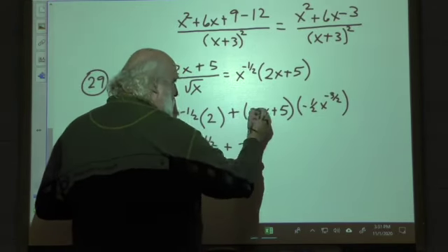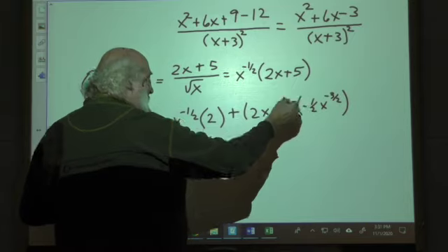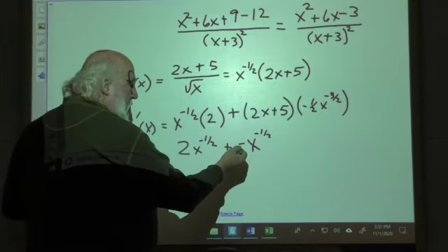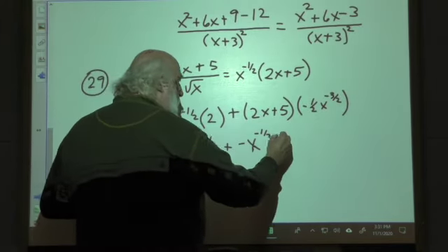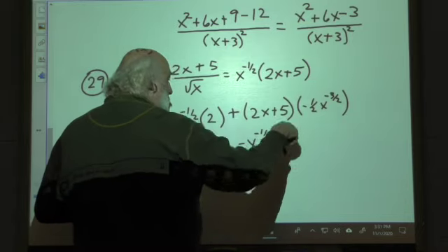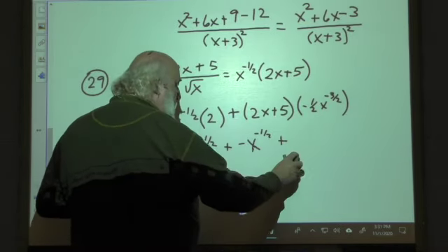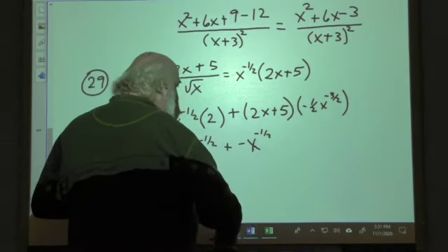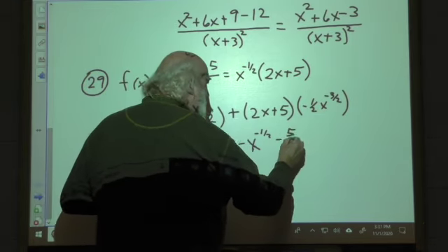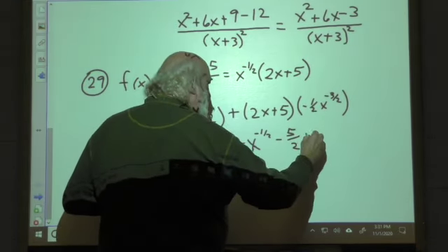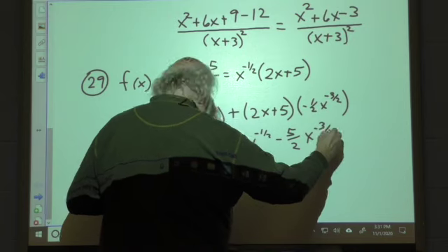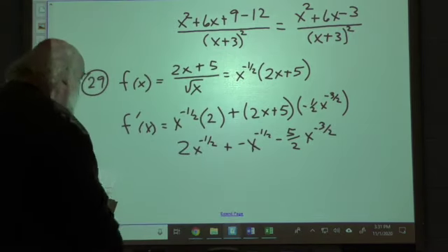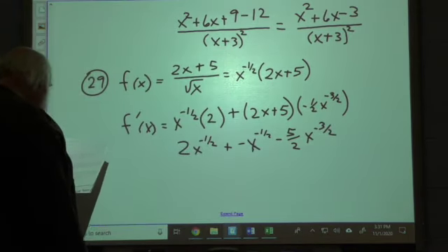And we have 2 times negative 1/2 is negative 1. So that's where the negative sign is coming from. Plus, or actually this is going to become minus because we've got a negative 1/2 times 5. So that's a negative 5/2 times x to the negative 3/2 power. Okay?